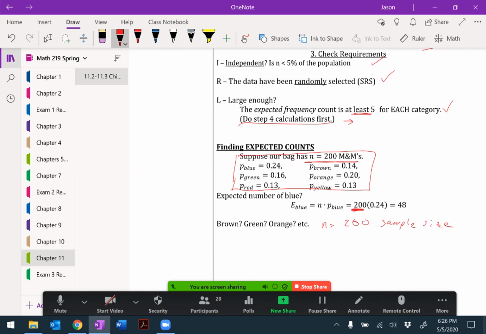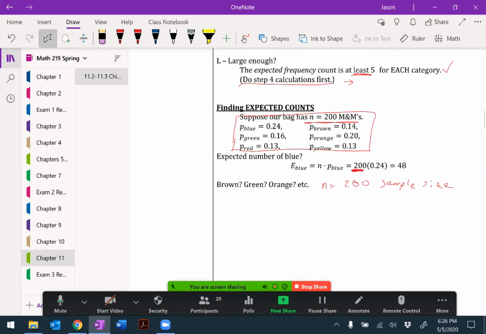That is what we expect to happen. So what is the expected amount here? The expected amount for blue was 200 times 0.24, which is 48.